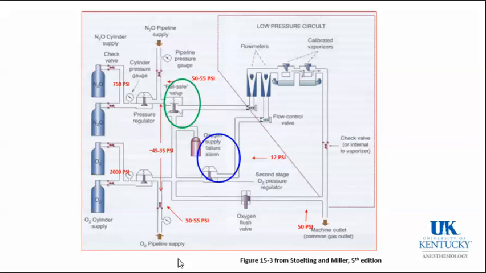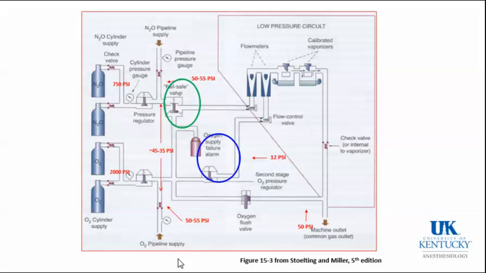Now remember that the pipeline pressure is around 50 to 55 psi, and so when the pipeline fails, the pressure will go below this alarm setting, which is somewhere around 40 psi, and it will sound an alarm.